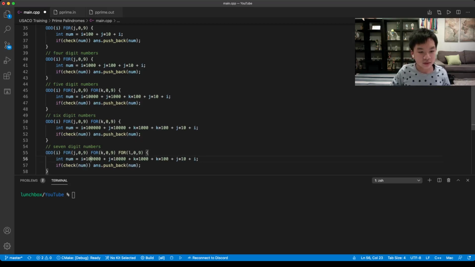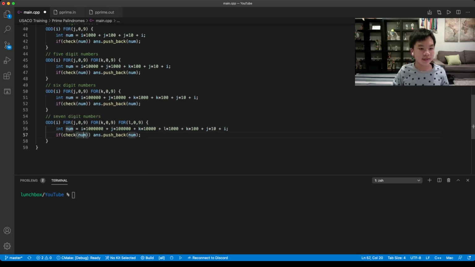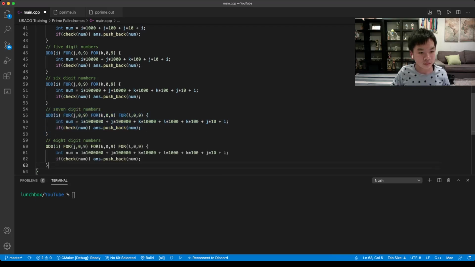We can do this as well. Okay, now we have our 8-digit numbers. Our 8-digit number would be similar to our 7-digit numbers. The only difference is that it would have one more l.